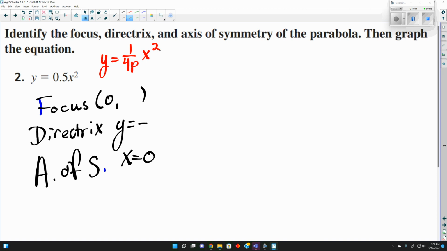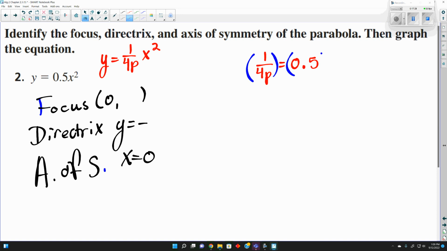But if it's a decimal, that's fine. Because this time we're just saying 1 over 4p is equal to 0.5. We're just looking at that number in front of the variable being squared and connecting it to the 1 over 4p.